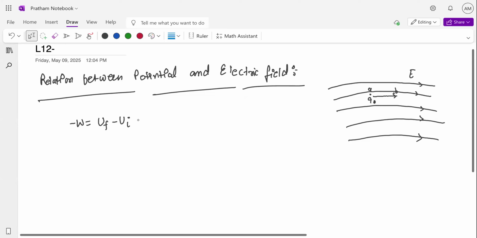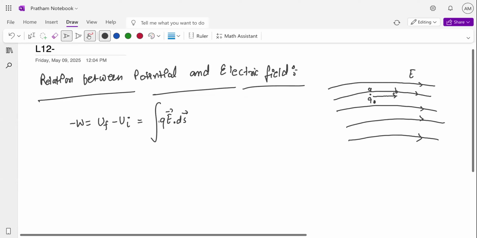Work is nothing but force into the distance covered. What is the force by the electric field? It will be q into the electric field E. And how much displacement has it covered? It has gone through a small displacement ds, so the work is the integral of qE dot ds.